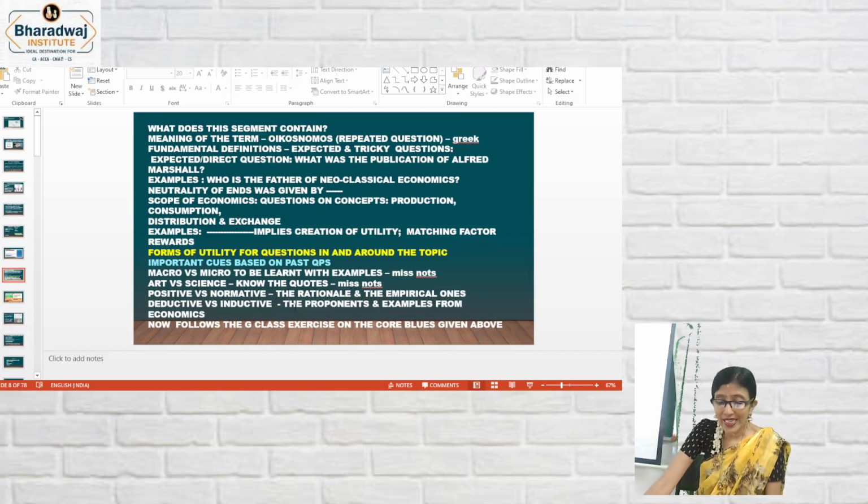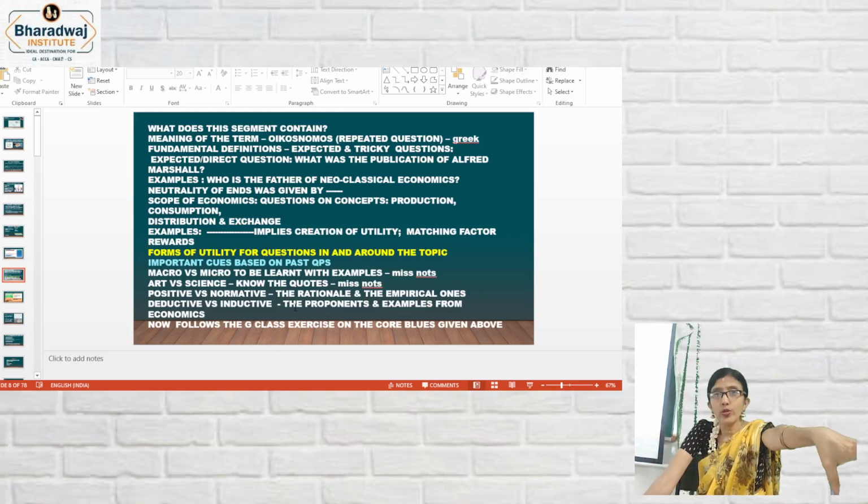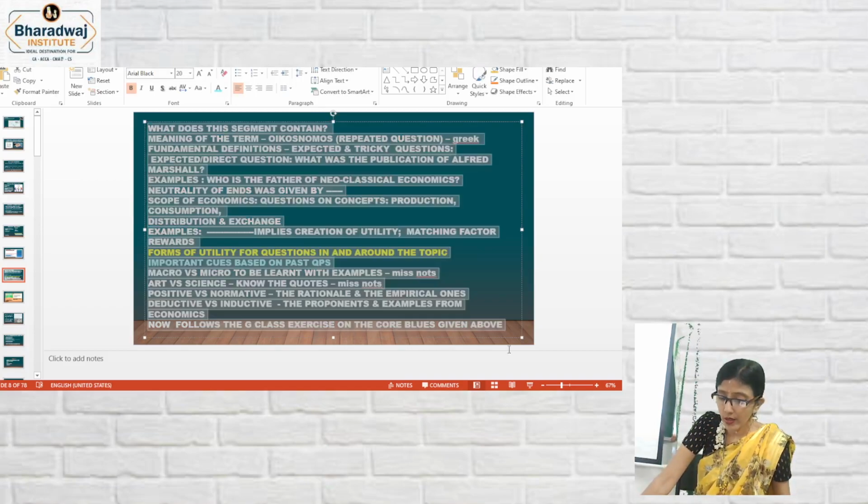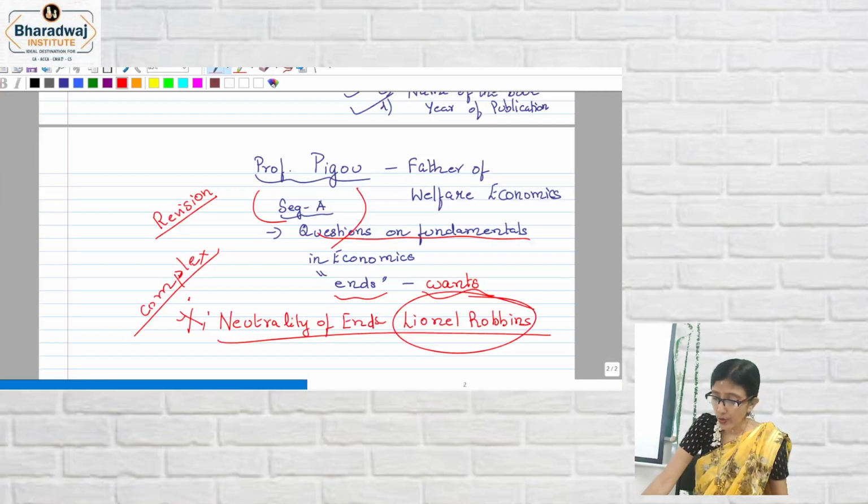Deductive versus inductive. Two things. Examples from economics. Who gave this? Who gave the deductive method? Who belongs to the deductive school? Who belongs to the inductive school? So look at these cues. I just want to cut this and paste it in the Windows Journal so that it's clear for you.